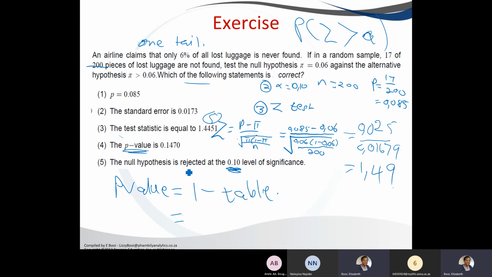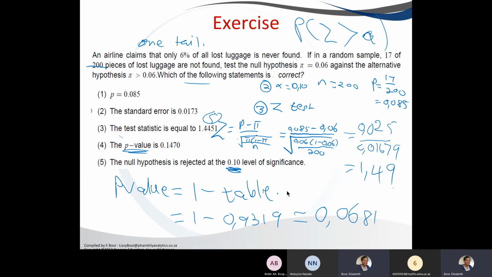So then it means we say 1 minus 0.9319. It feels like somewhere, somehow, I've done one calculation wrong, but we can double check that. It equals 0.0681.